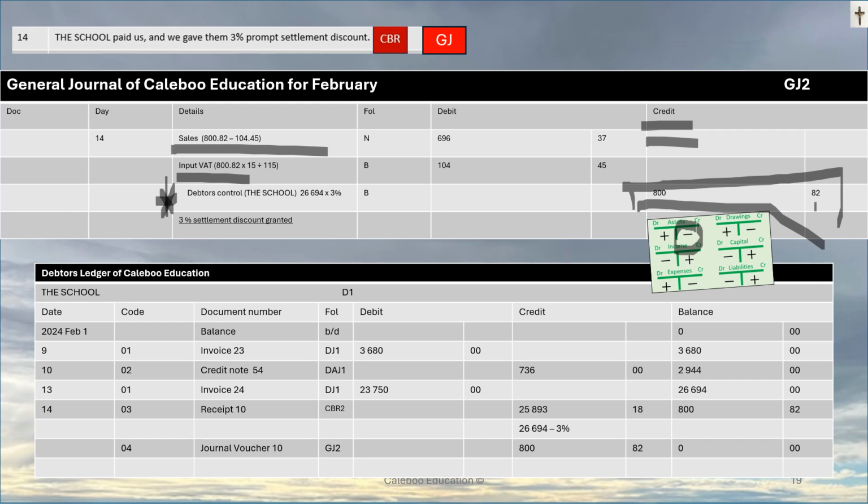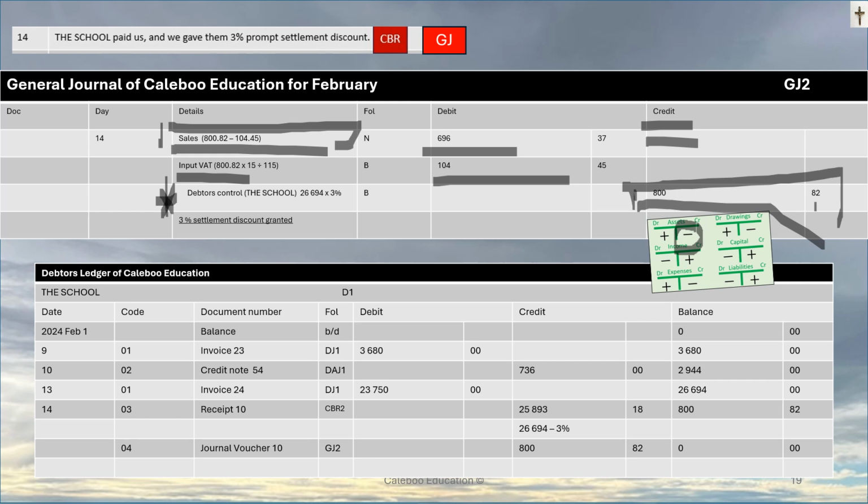This year, you don't have to worry too much about now. But remember, the output VAT that was originally charged needs to be reversed, and the net effect of this discount, it actually makes the sales figure smaller because discount was given. Some textbooks will use an account discount allowed, but I'm going to debit the sales account directly by this settlement discount.